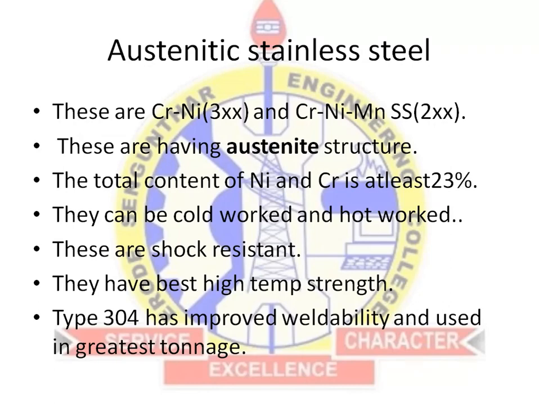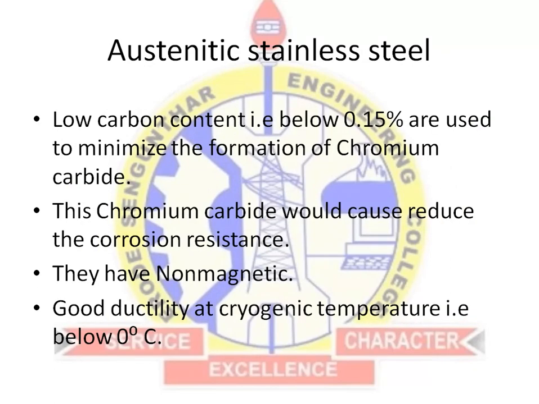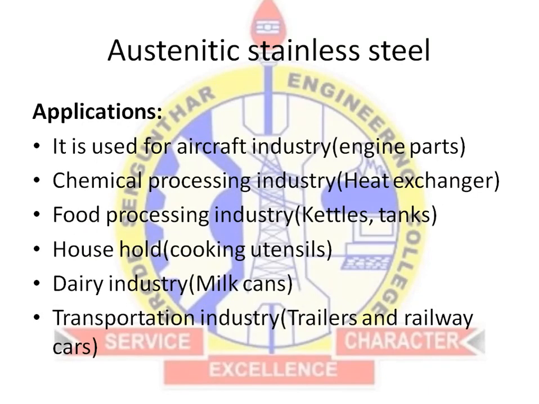Next to that, it has a low carbon content of 0.15 percentage, so that it is used for minimizing the formation of chromium carbide. The chromium carbide can reduce the corrosion resistance. They are non-magnetic, with good ductility at cryogenic temperature, which is below 0 degree Celsius.